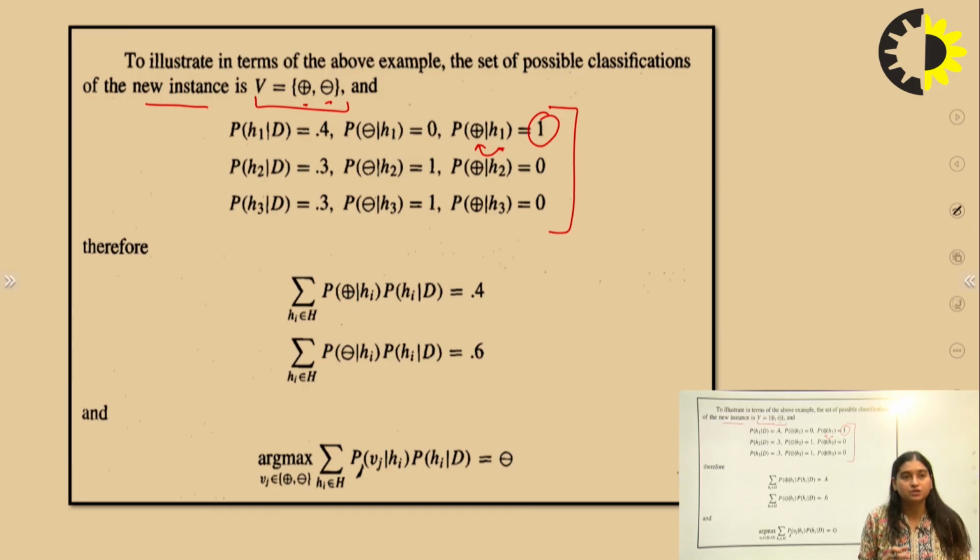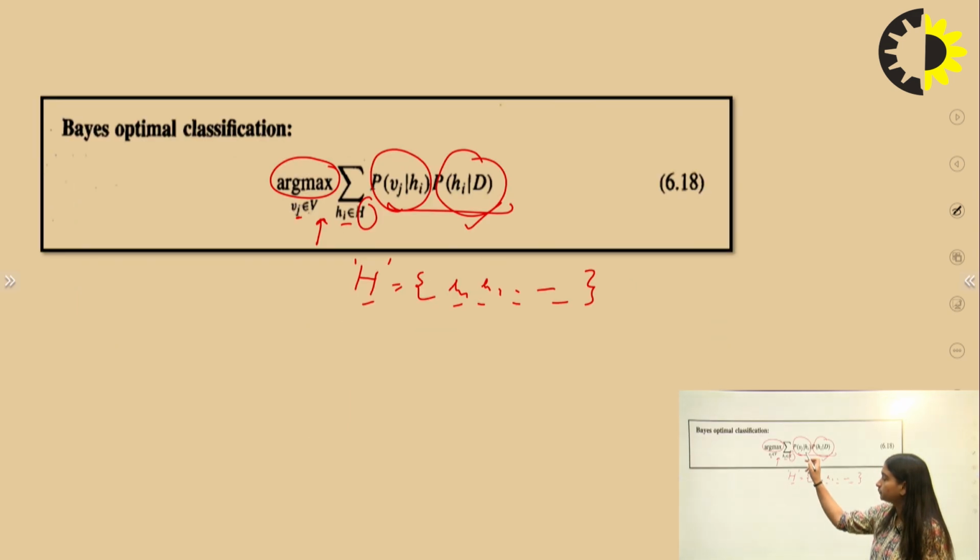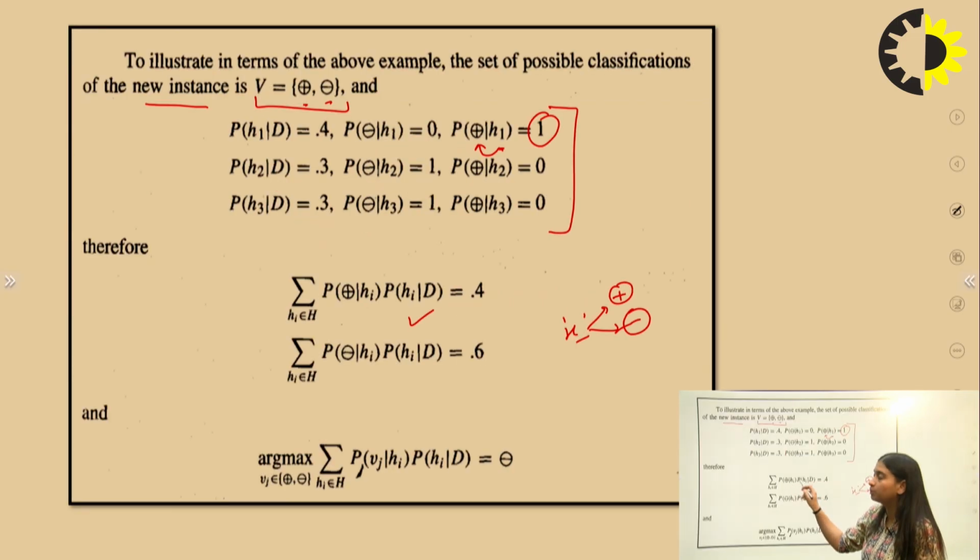Now we have to apply the Bayes optimal classification and find out which class your new instance will belong to, the positive class or the negative class. Simply applying this formula, as we have studied, we apply it in the place of Vj: first we expand the formula for the positive class, and then we apply the same formula for the negative class. We have to expand this formula for every hypothesis, like H1, H2 and H3.